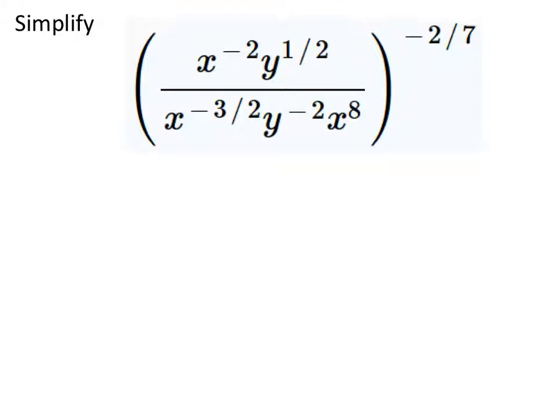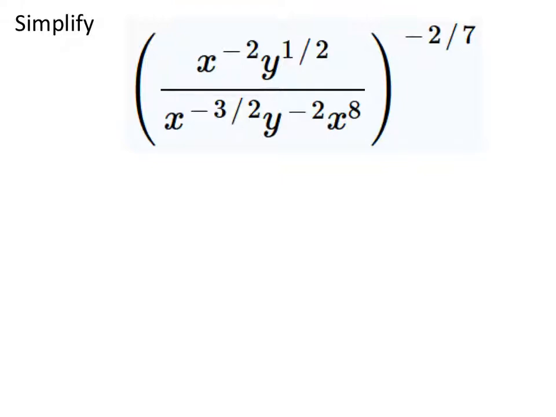So on this one, this is a fraction that's all inside that parentheses, so that negative 2/7. We could, on this one, actually go a couple different directions, and what I mean by that is we could simplify the inside of the parentheses first, or we can distribute that negative 2/7.